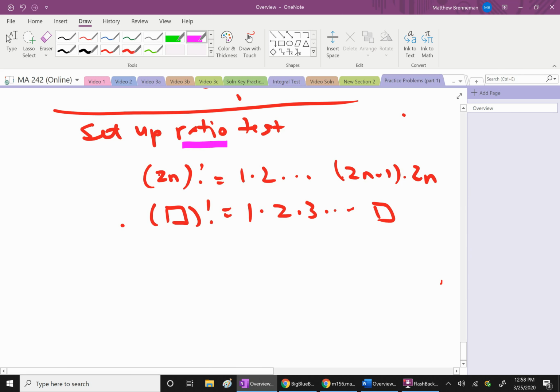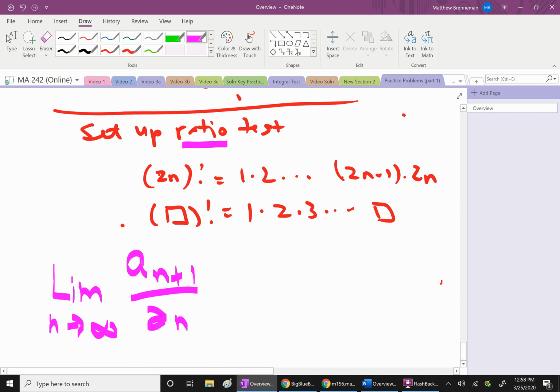Right. The reason why it's called a ratio is because we're taking the limit as n goes to infinity of successive terms in the series we're adding up.